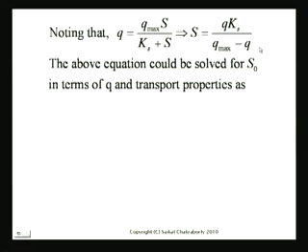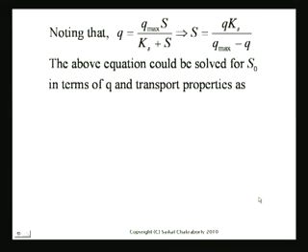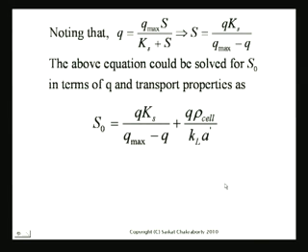Then you can look at this equation and put back your S here in terms of all of the variables. Then this becomes an equation in S naught, a linear equation, and you can solve for S naught straight away. This is what you get for S naught. So S naught is now expressed in terms of different transport properties and q. q is a variable, remember, but everything else is a constant out here.